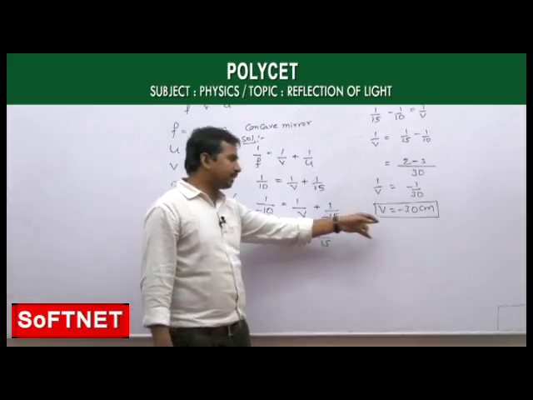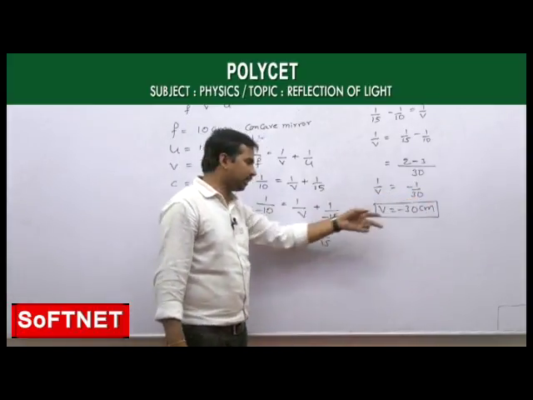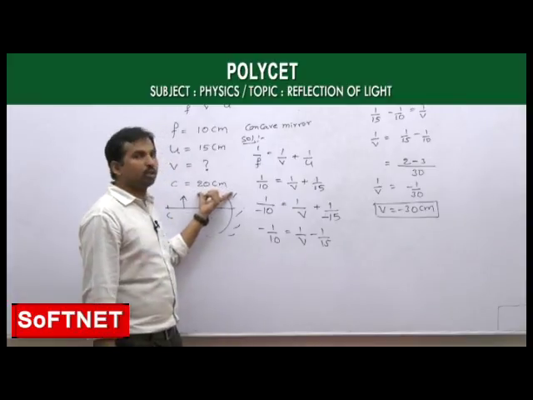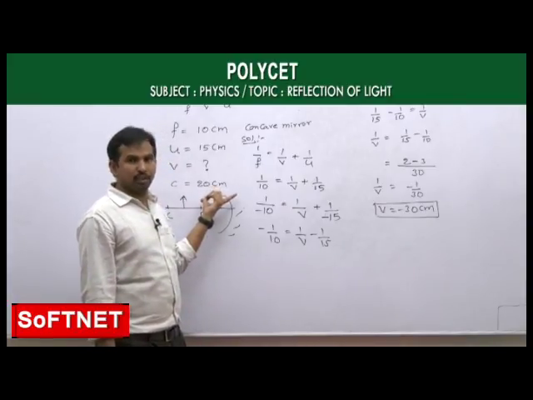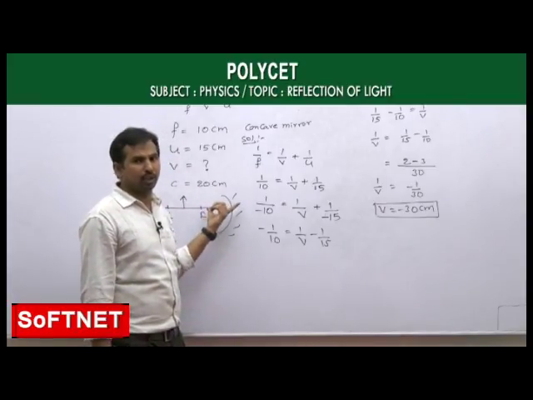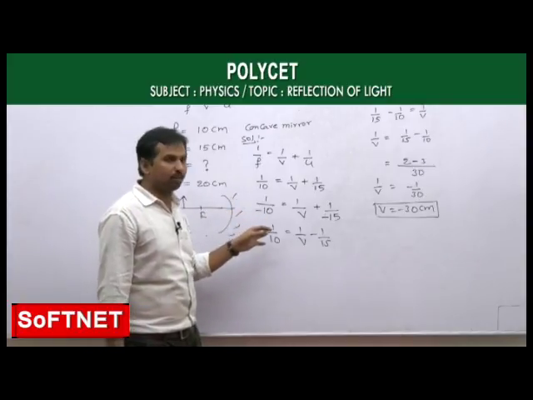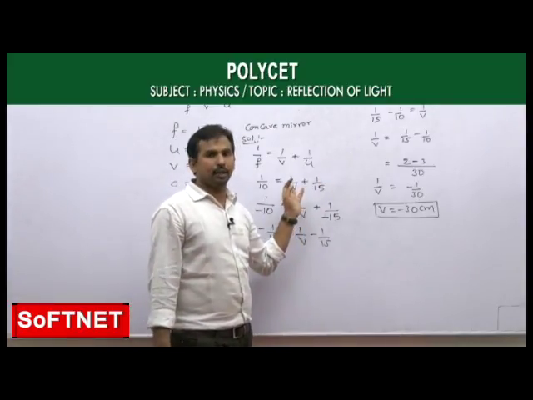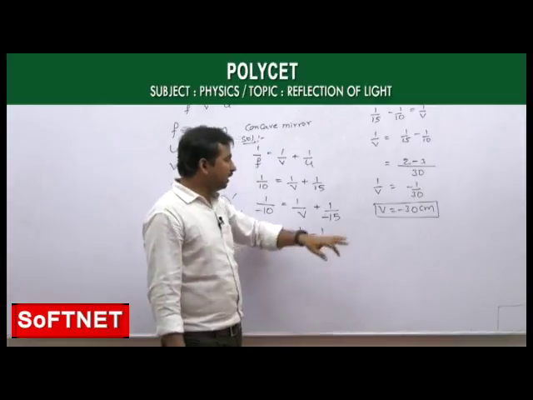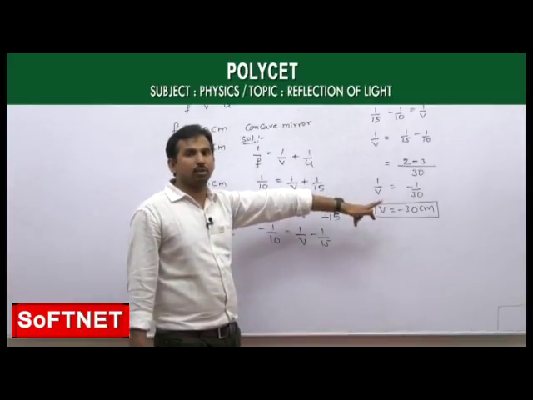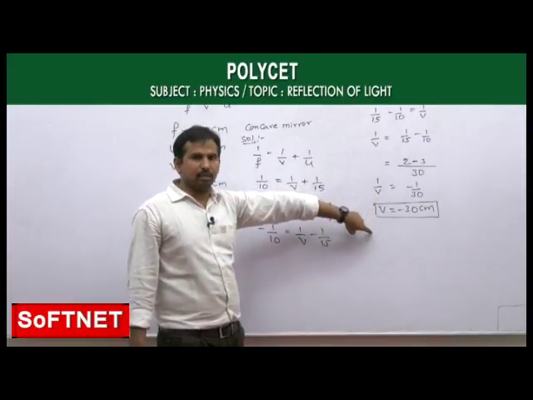That's why here, as the image distance is 30 centimeters, which is more than the center of curvature distance of 20, the image is formed in between C and infinity. So even by using a ray diagram, we can verify our answer.